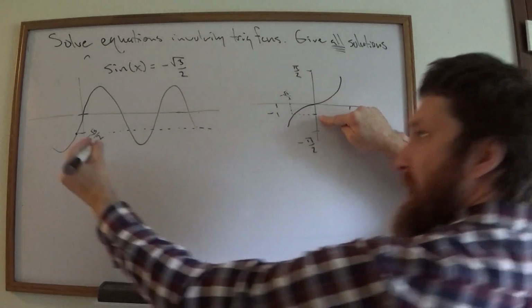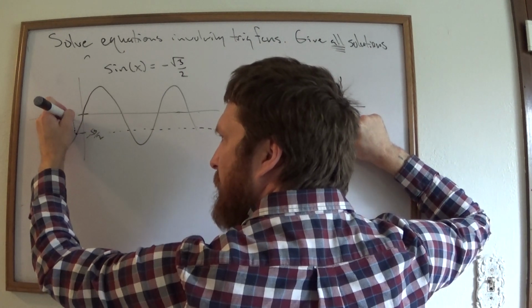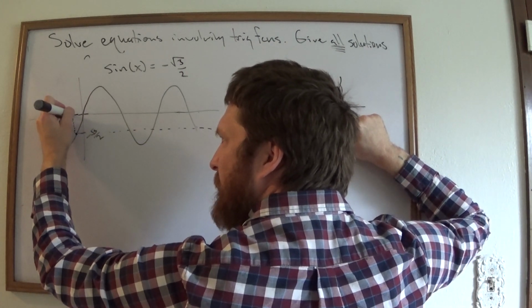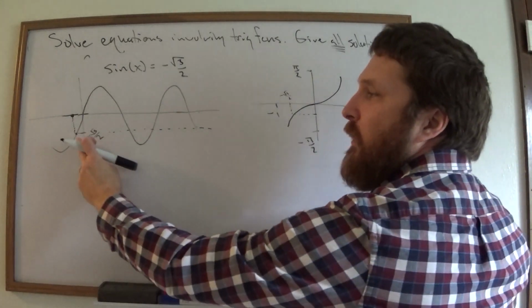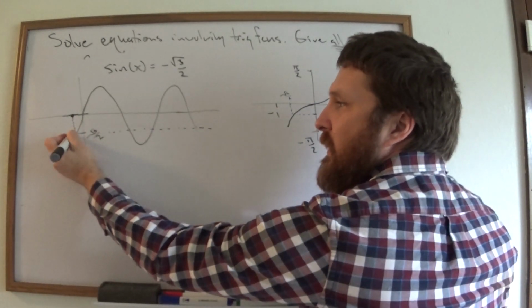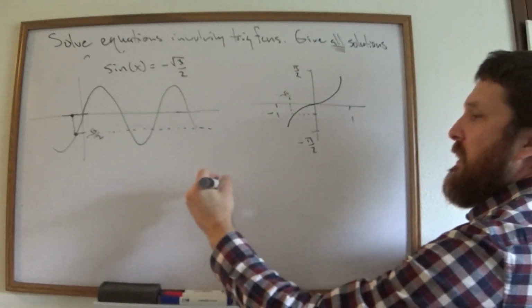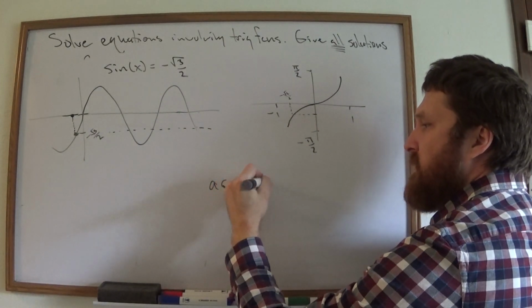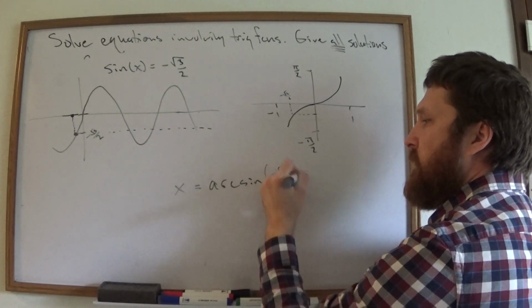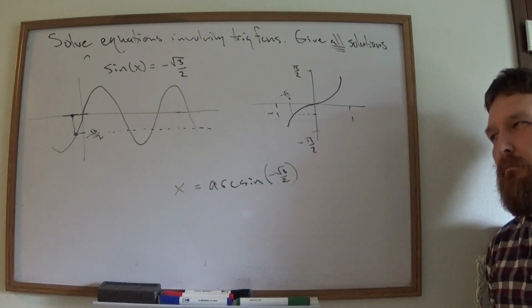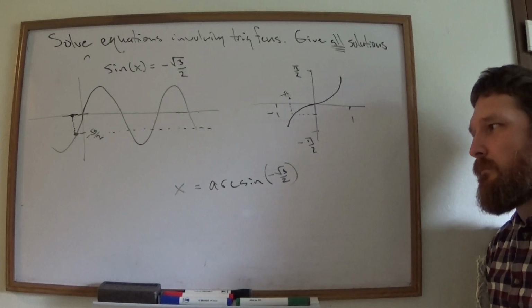In other words, the answer it gives me is this one right here. Okay, so we got one of them, and we could see that. So x is equal to arc sine of -√3 over 2. Is that computable? Yeah.